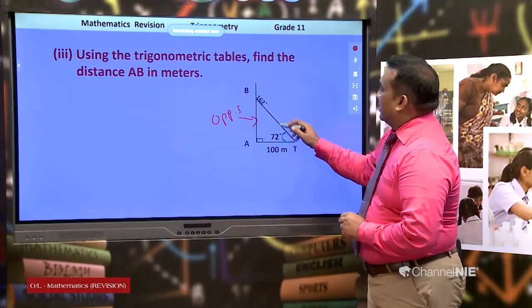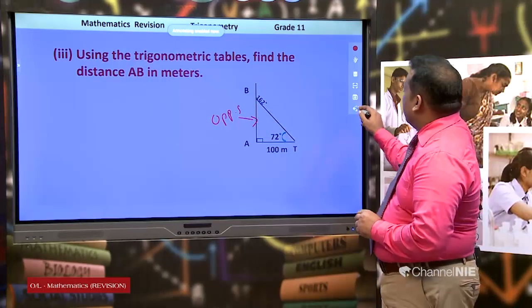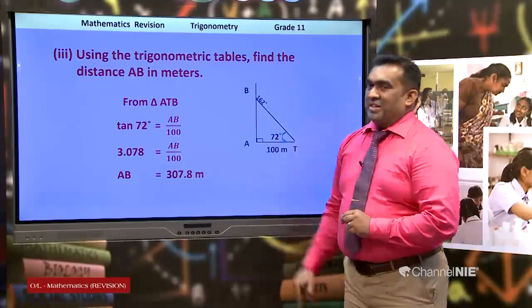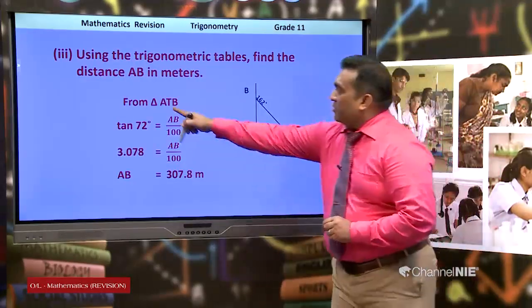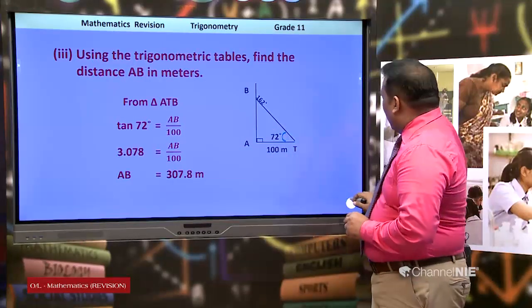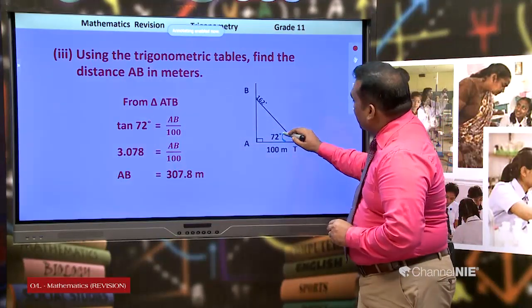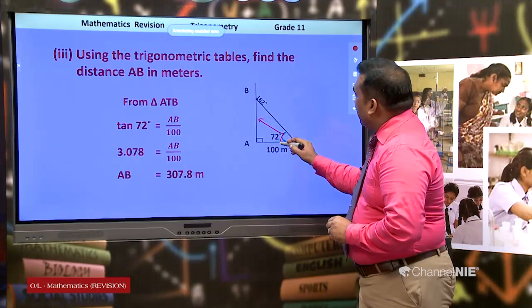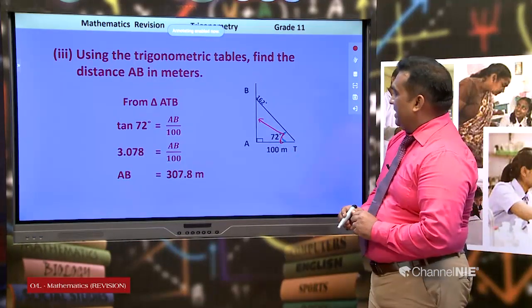Opposite and adjacent means the tan ratio. From triangle ATB, tan 72 is equal to the opposite side over the adjacent side.